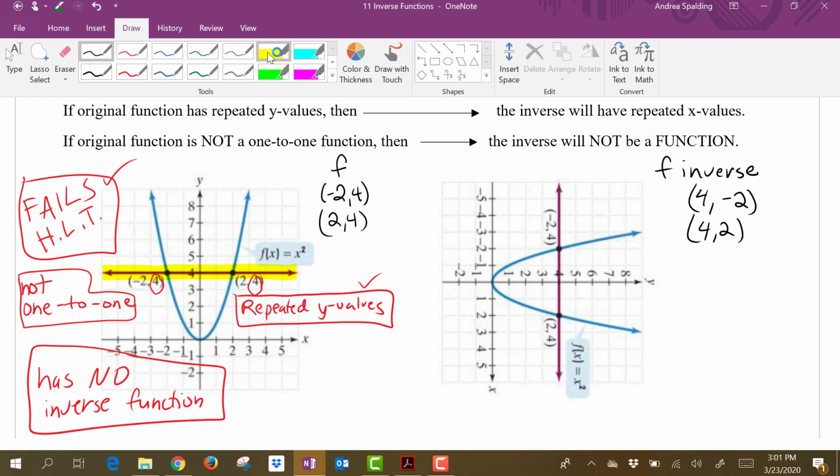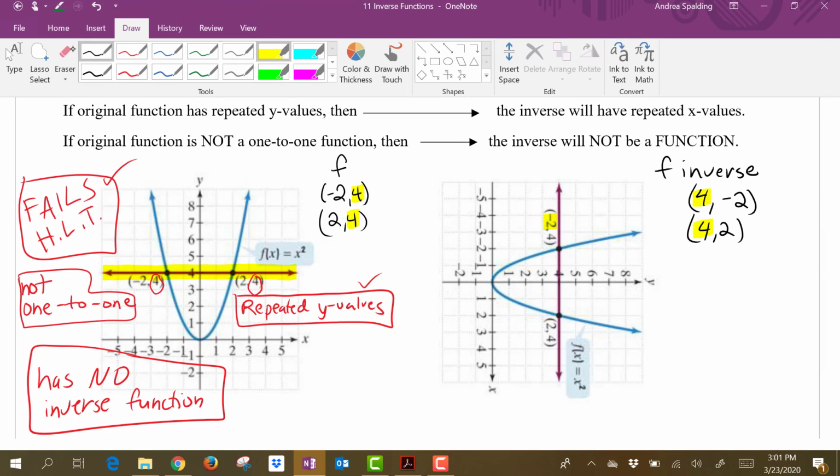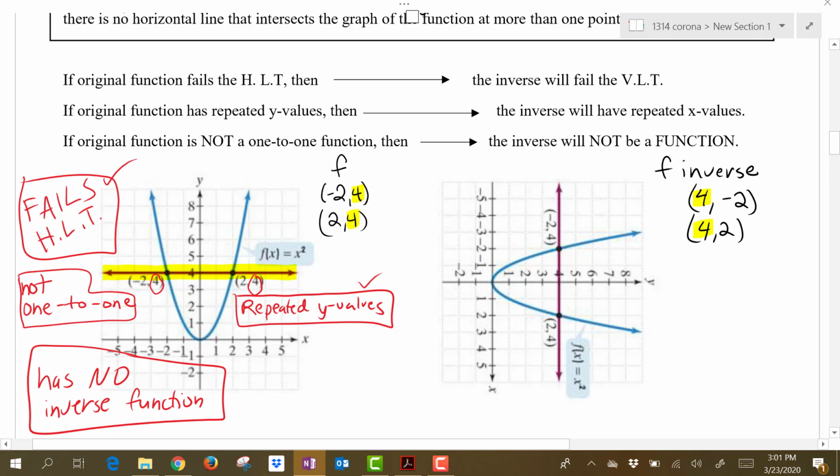So repeated y's for the function list, for the list of f, become repeated x's for the inverse function. So you would end up with an x value of 4 and a y value of 2, and down here an x value of 4 and a y value of -2.